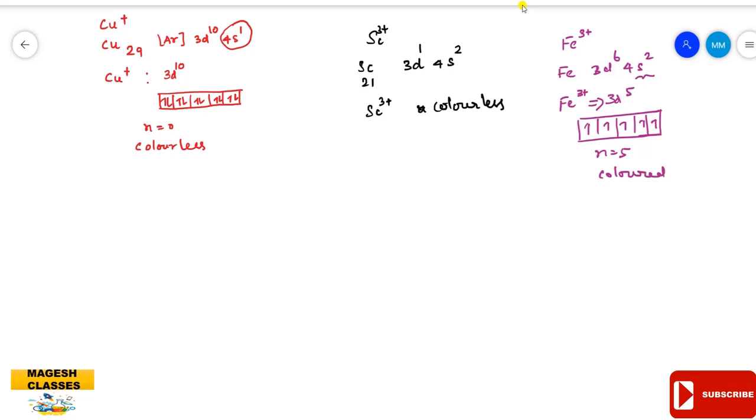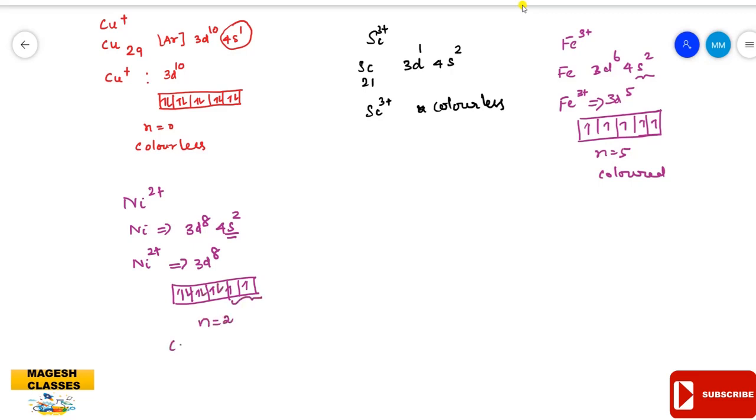Next one, nickel 2+. Nickel's outer electronic configuration is 3d8 4s2. Nickel 2+ is formed by losing the 4s2 electrons, so you get 3d8. Filling the orbitals one by one, eight electrons, leaves 2 unpaired electrons. So it is colored.